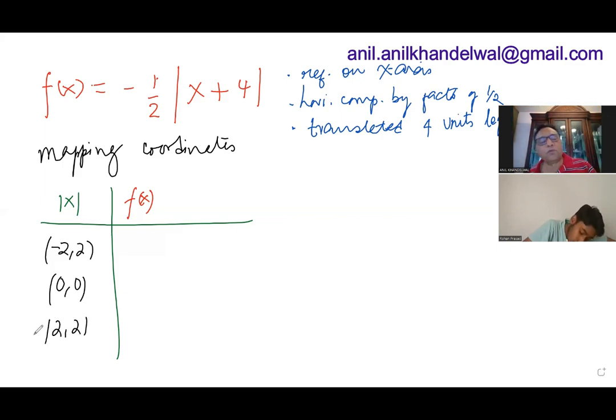Can you tell me the image points for the given points on the parent function, absolute value of x? So if we substitute in negative 2 plus 4, you get 2. So then negative half of x multiplied by 2.